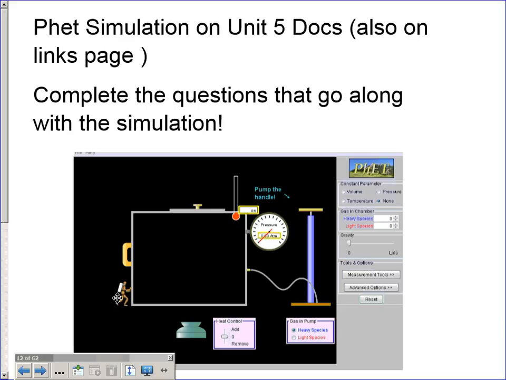Wait, do we need a table with it? Gas law simulation. Yes. Yeah, you can feel free to move, but please stay on task.